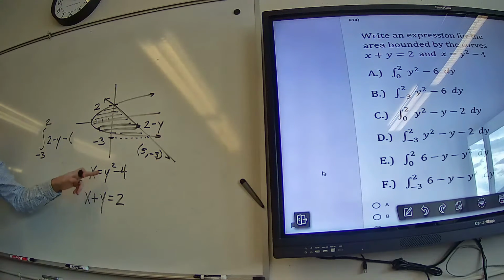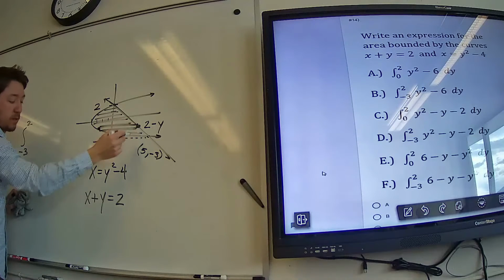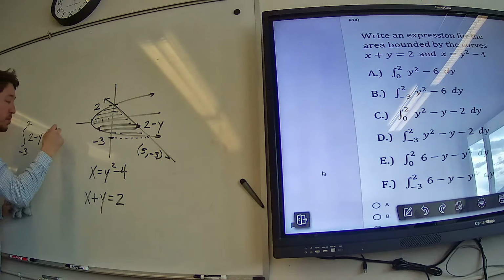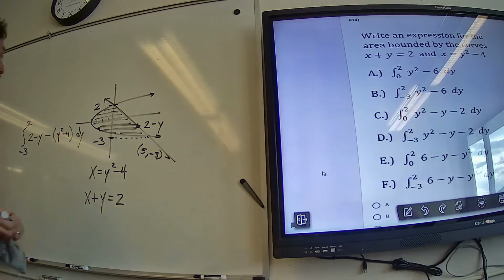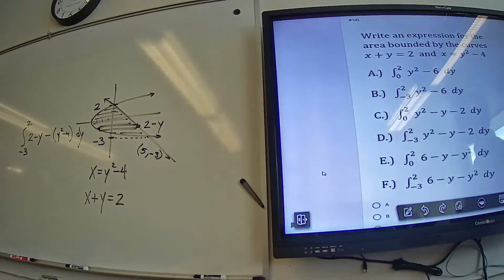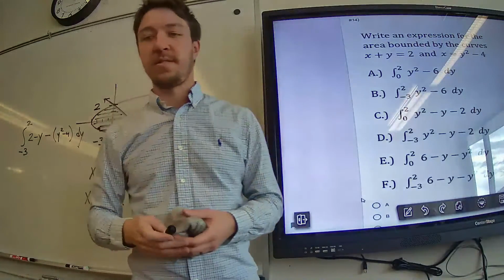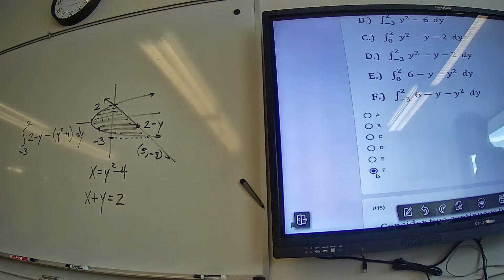It's y squared minus 4. See, x equals y squared minus 4. So integral -3 to 2. So again, this x value is 2 minus y. And then this x value is y squared minus 4, and then multiplied by dy. So the final answer is F, because you've got 2 minus -4, which makes 6, and then you've got your minus y squared. Is everyone okay with that?